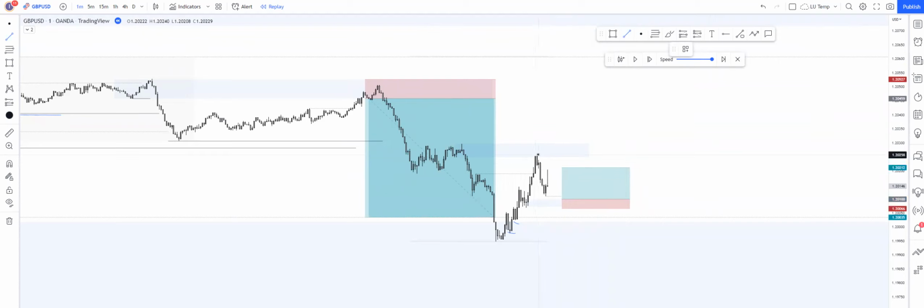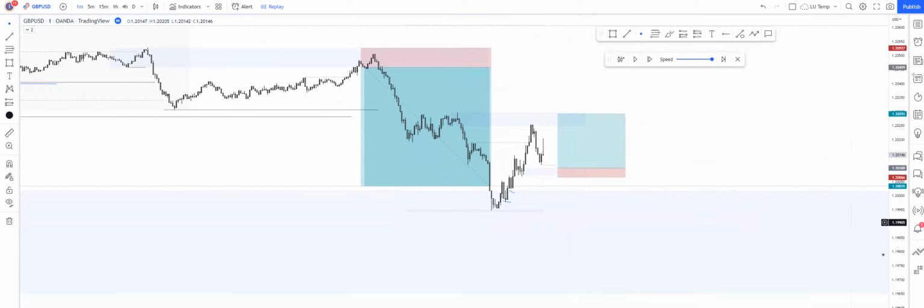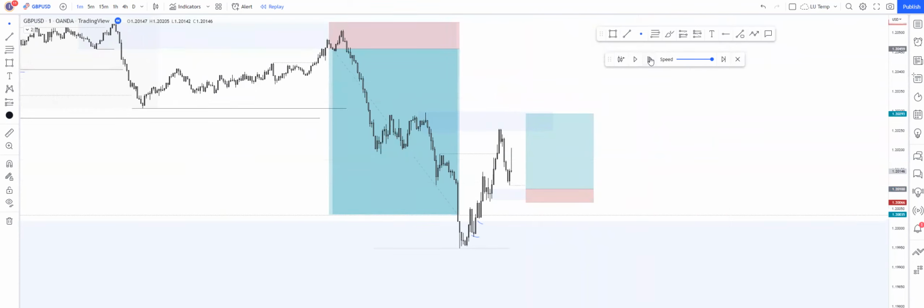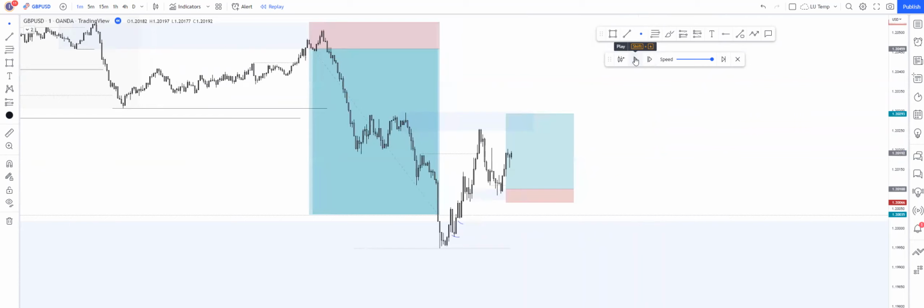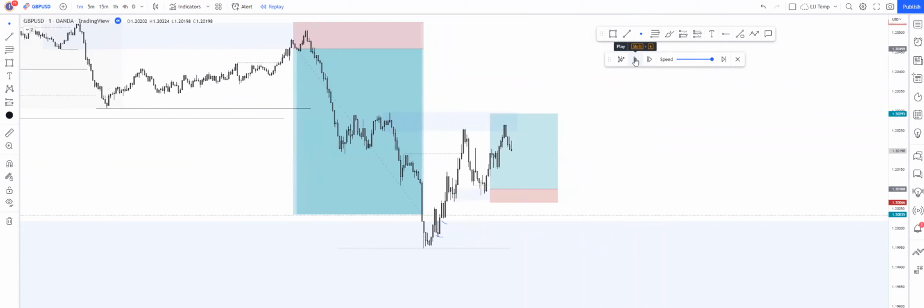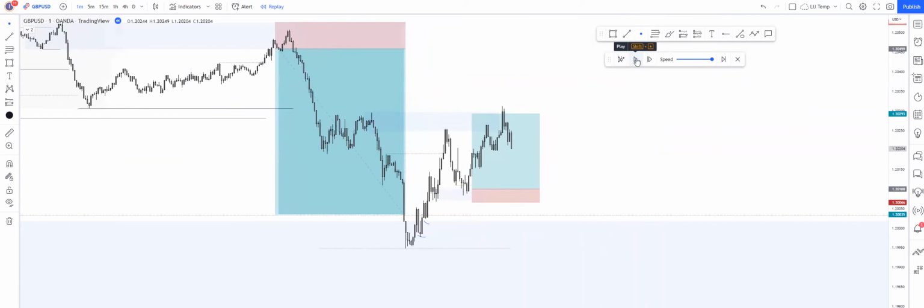Then that's the range there. Go break even after that. It's already 1 to 4. So 1 to 5 here. That's nice. It's already 1 to 5. Nice.